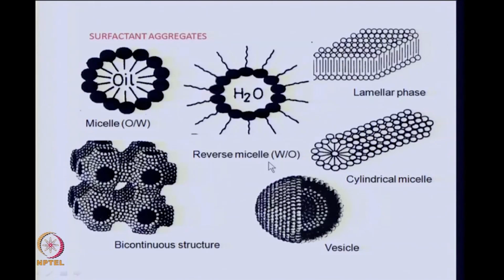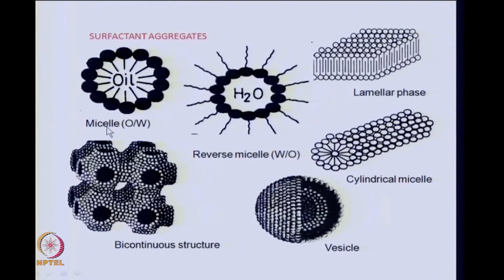Now, you can get not only this kind of spherical aggregates of surfactant, like this reverse micelle or water in oil, where water is inside and oil is outside because the polar head groups are inside. This is the micelle where the hydrophobic tails are inside and the polar head groups are outside.